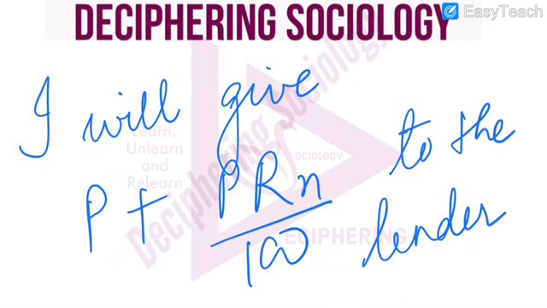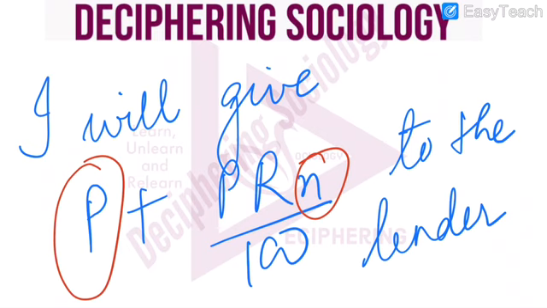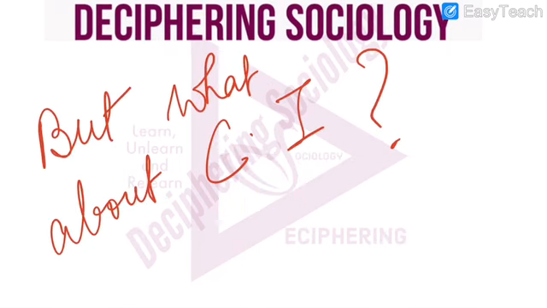So if I borrowed the principal P for n number of years, then at the end of n years I will give P plus this simple interest to the lender. But is it the same case in compound interest also? Let's see.